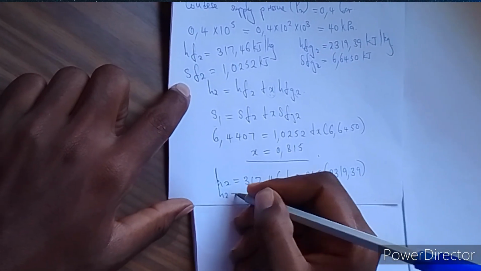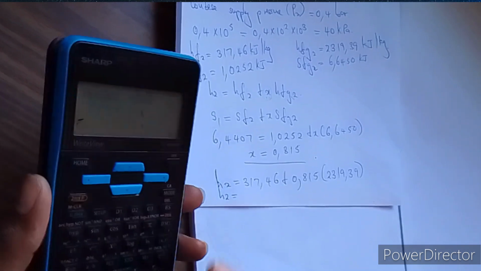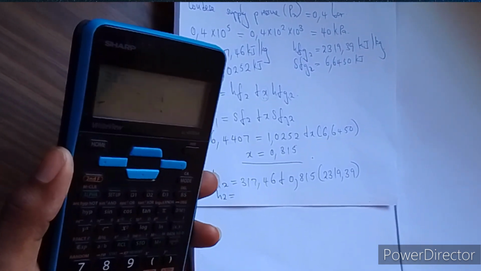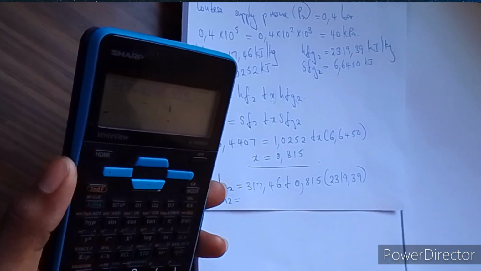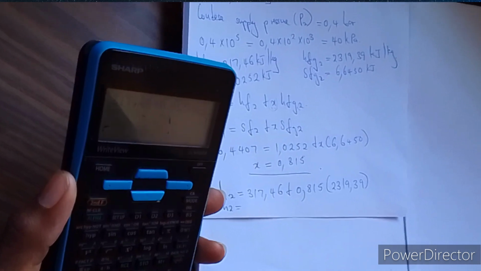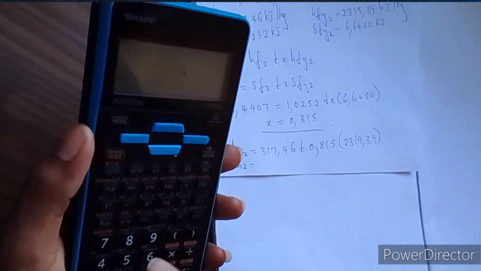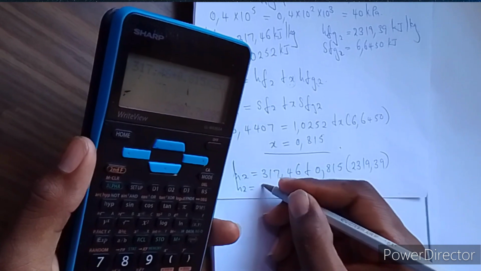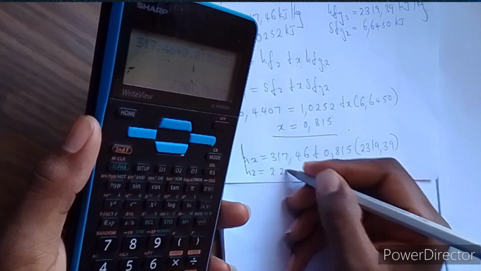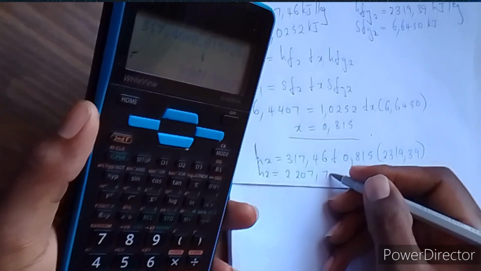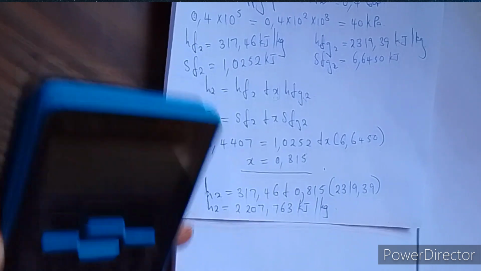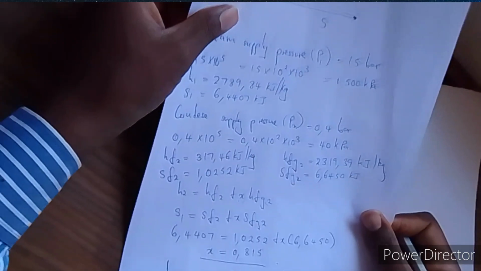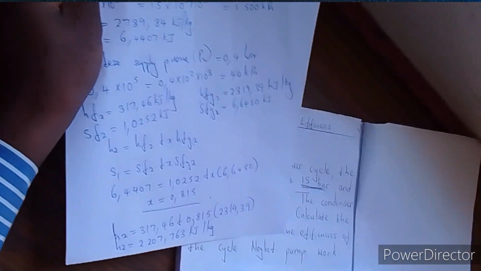So now our H2 is going to be, so you have to put this on the calculator, 317.46 plus 0.815 multiplying by 2319.39. So now our H2 is 2207.763 kilojoules per kg.